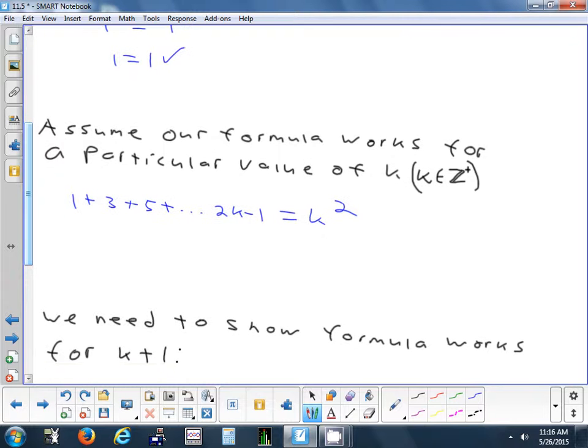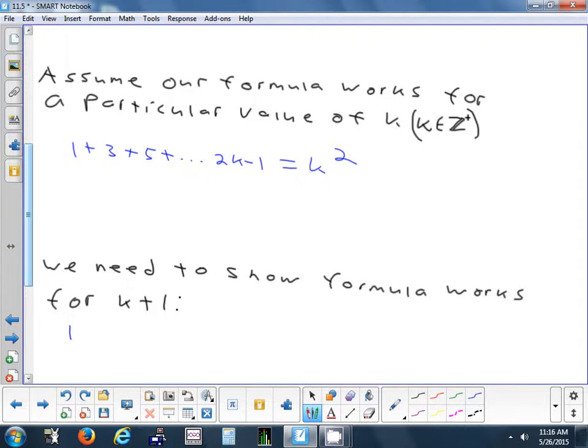Now we want to show that this formula is going to work for the one after k, k plus 1. So we've got 1, 3, 5. Okay, that's up to the kth term.